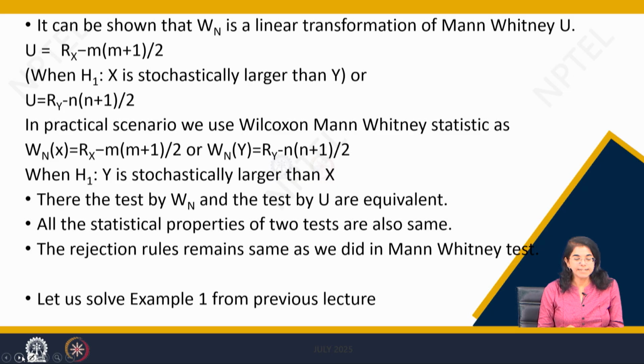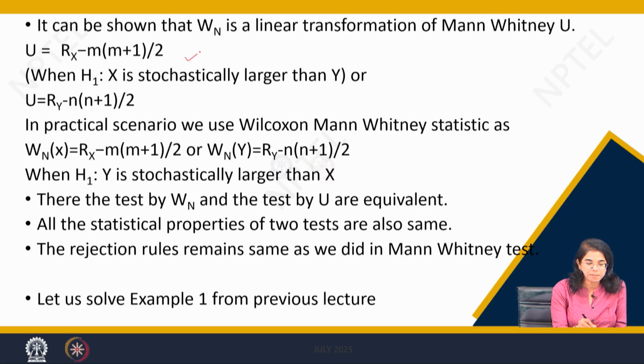So, what is that linear relationship? U is equal to Rx minus M into M plus 1 by 2 when X is stochastically larger than Y. So, you have to remember, when X is stochastically larger than Y, you have to consider Rx, that is the rank sum of X. Clear?